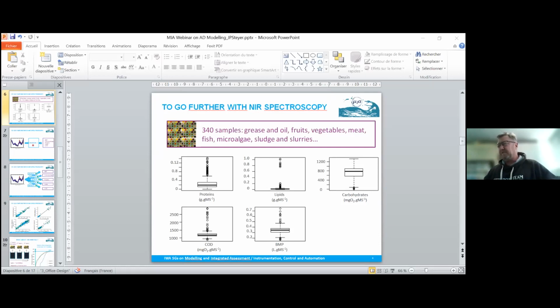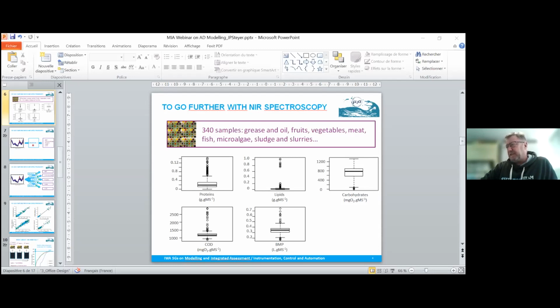And we wanted to go even further. I have to admit that I didn't think it was feasible to do this, but we wanted to predict the kinetics. So the first thing we did is we modified the BMP test.